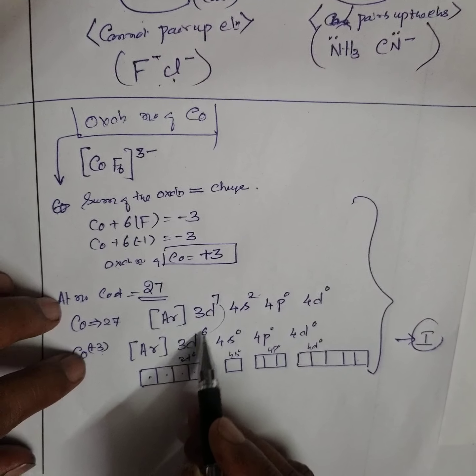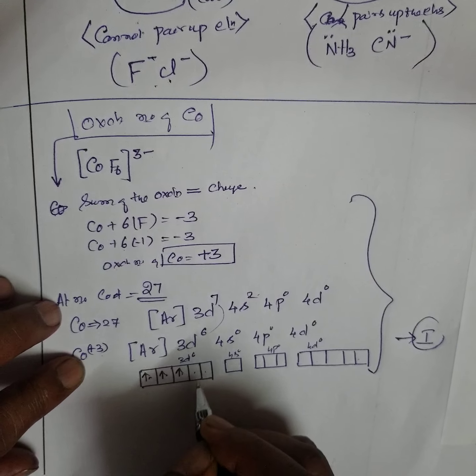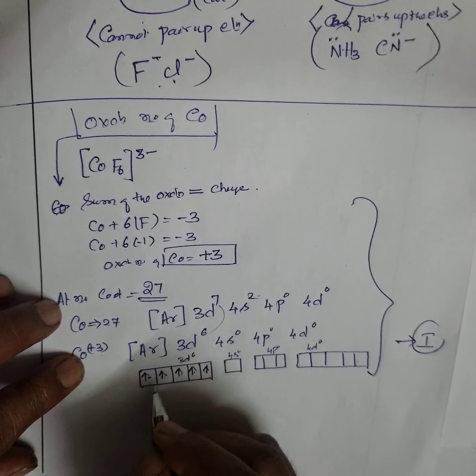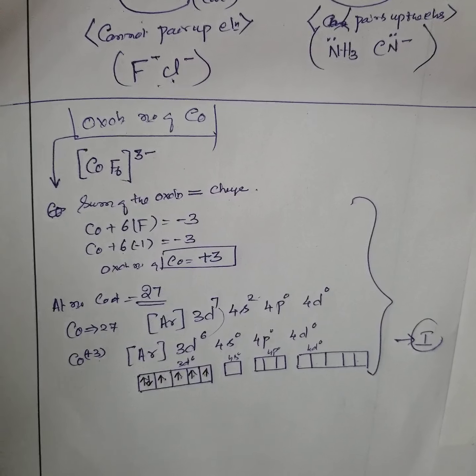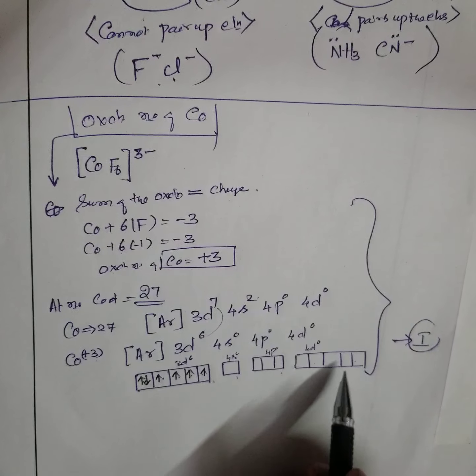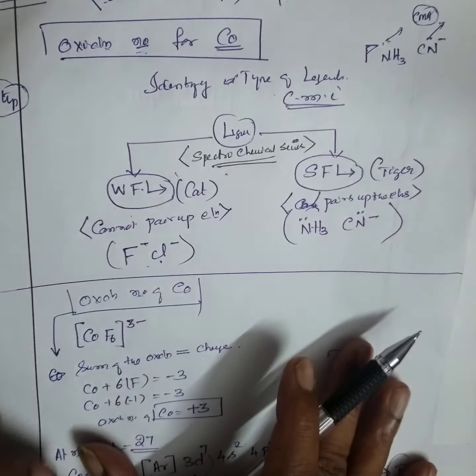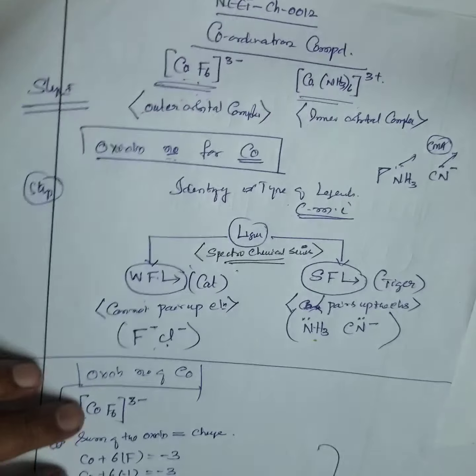Now d contains 6 electrons: 1, 2, 3, 4, 5 and 6. This step is common for every complex.